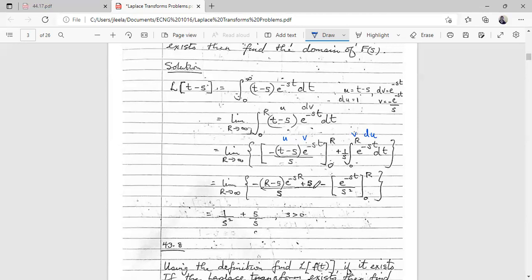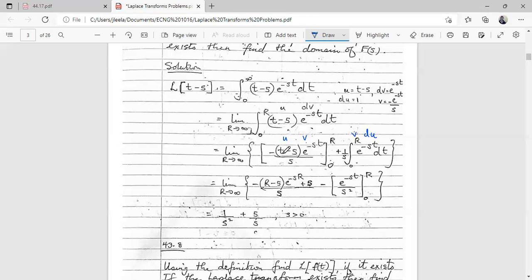Now on this side, on the left-hand side, remember r had to go where t is. So when you put r here, the upper limit will be minus r minus 5 e to the minus sr over s, right? And then you put in the lower limit here, you will have a minus minus, so it will be plus.